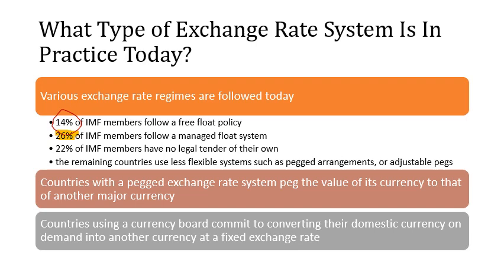That means they have somehow some influence over deciding the monetary policy and the exchange rate, whereas 22% of members have no legal tender of their own.